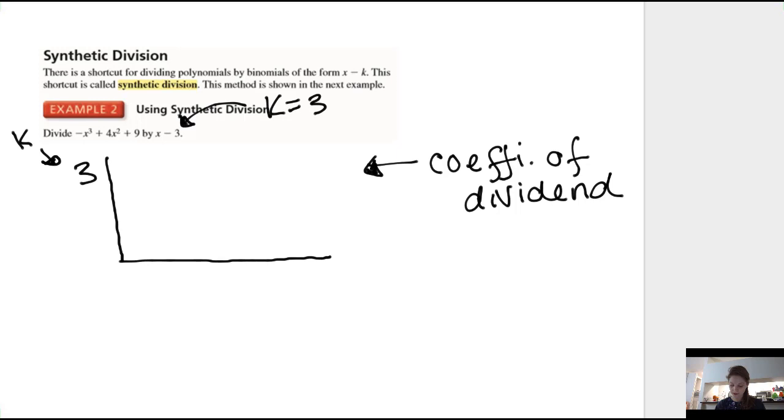The dividend coefficients are negative 1, positive 4. There's no linear term, so I'll need a 0 as a placeholder, and 9. Okay, I've set up my synthetic division.